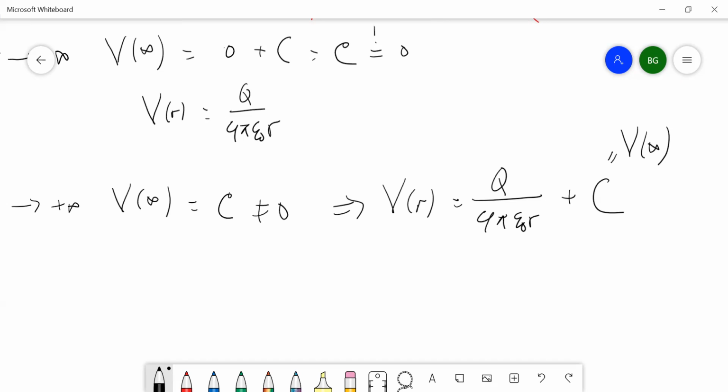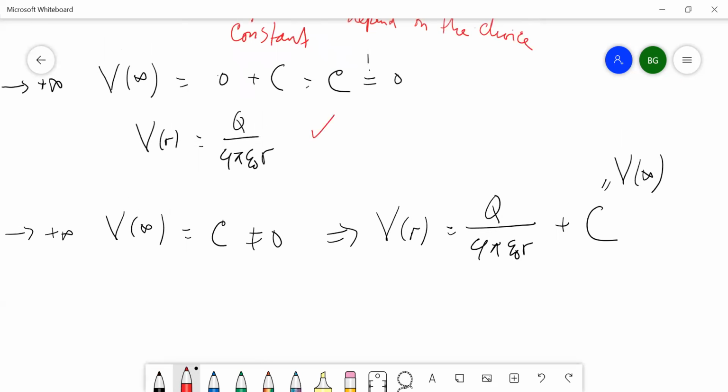But usually for the point particle, we take this formulation, because it's easier to use. That's the reason.